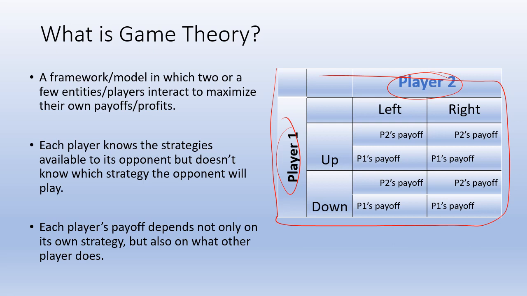Now each player has a number of strategies, let's say two strategies, and it knows what its opponent's possible strategies are, but what it doesn't know is what its opponent is actually playing. And a player's payoff or gain or profit or whatever you call it depends not only on what it does, but also what its opponent does.